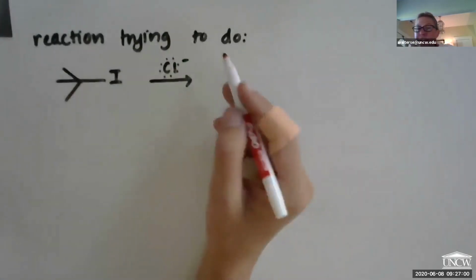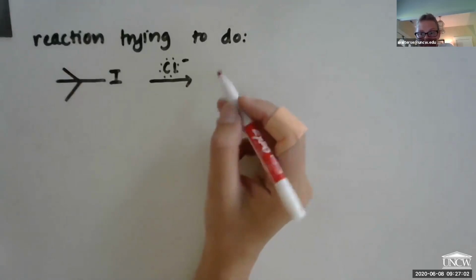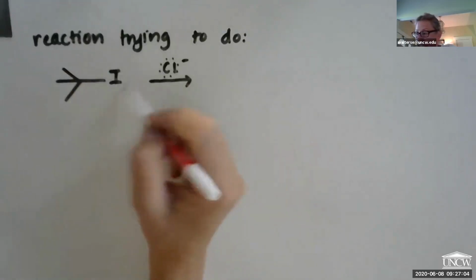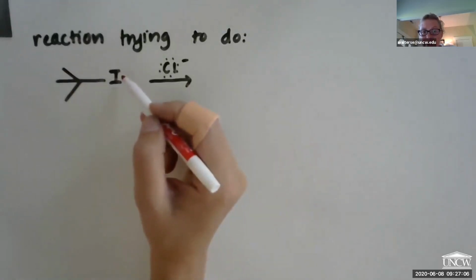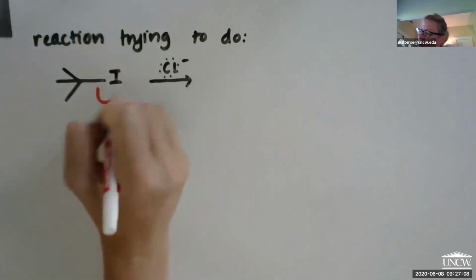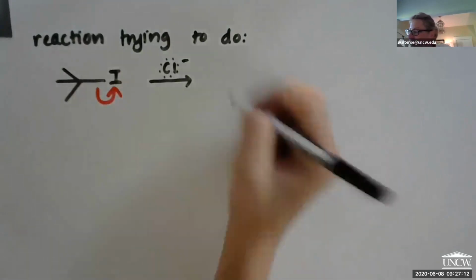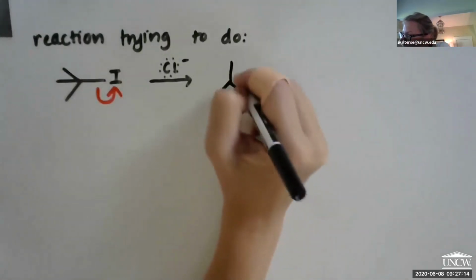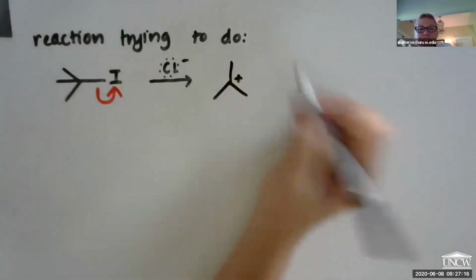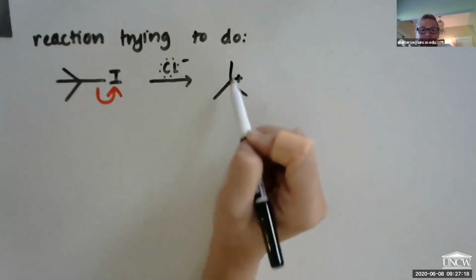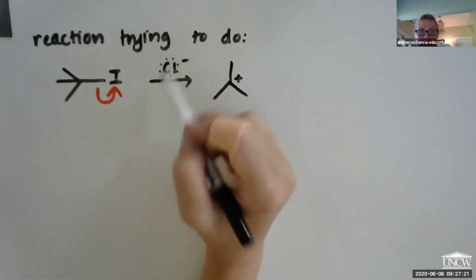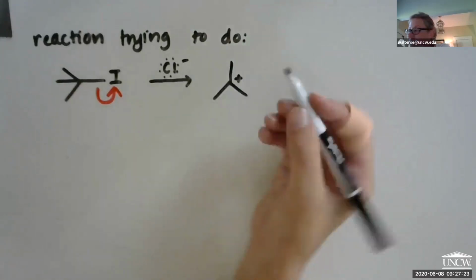But what we have to figure out is what happens in the slowest step, which in this case is the loss of this leaving group. So what we would say is, if the iodide leaves, then we form a tertiary carbocation, which would get attacked quickly by this strong nucleophile.